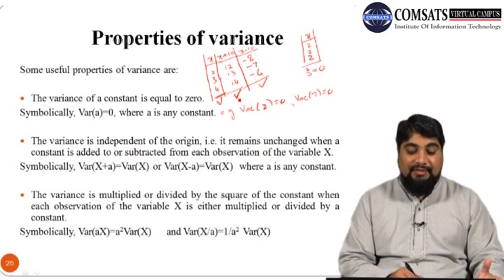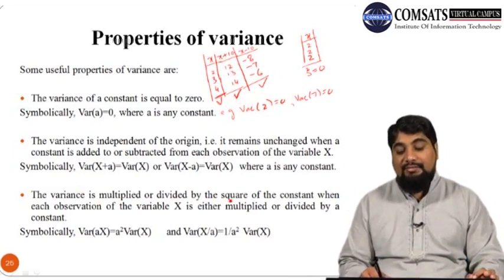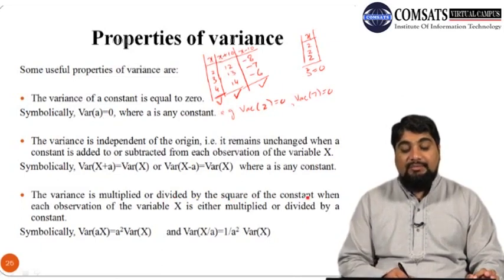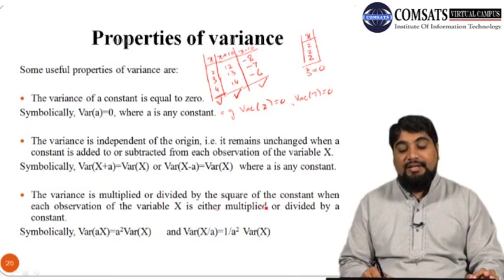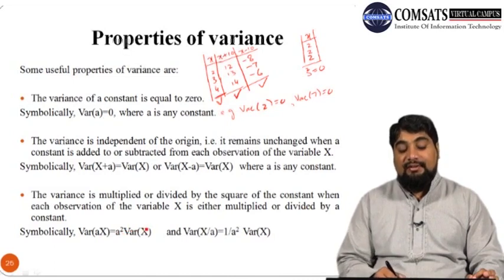So next is that the variance is multiplied or divided by the square of the constant when each observation of the variable x is either multiplied or divided by a constant. So symbolically, variance of a times x is equal to a square times variance of x, or variance of x divided by a equals 1 over a square times variance of x.